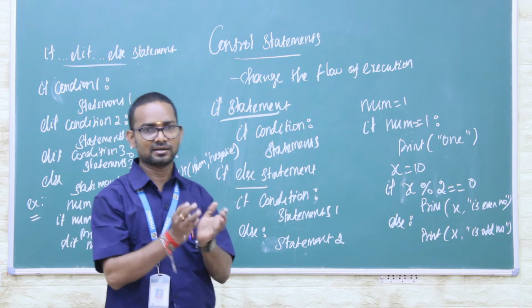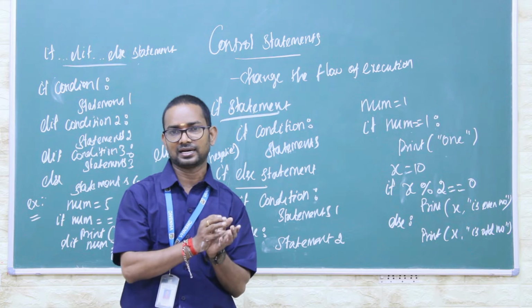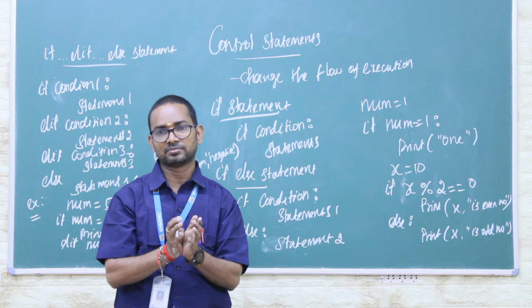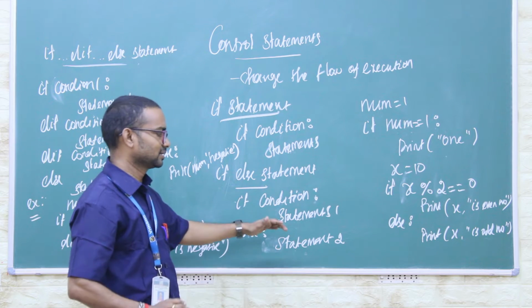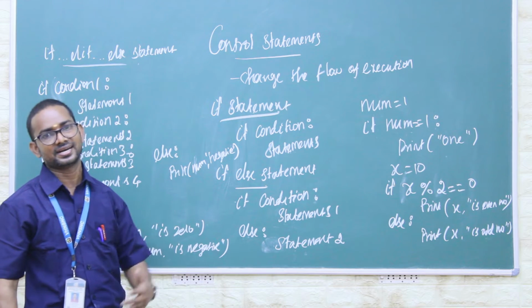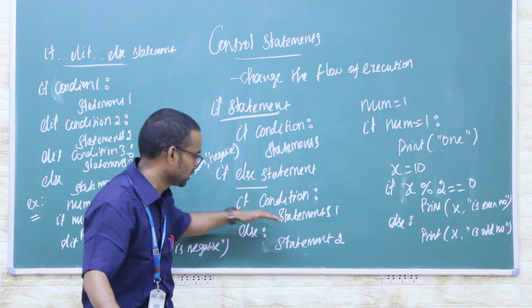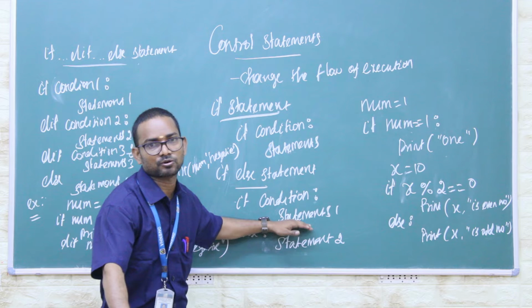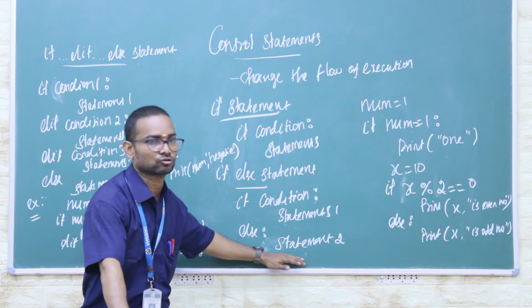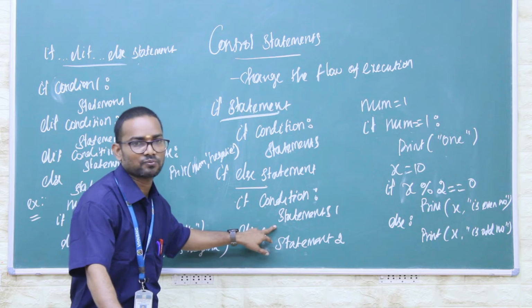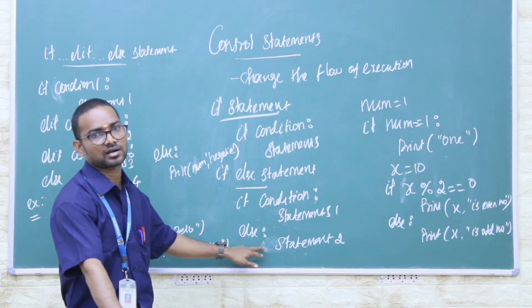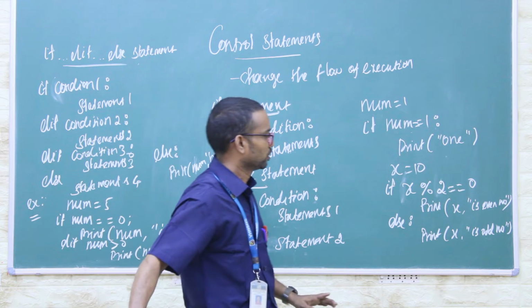In other languages, curly braces are used to mention a block of code. Here, we follow indentation instead. Indentation means four spaces. For example, after the if condition, four spaces and then a statement; after else, a statement. This is one block of code, and this is another block of code.